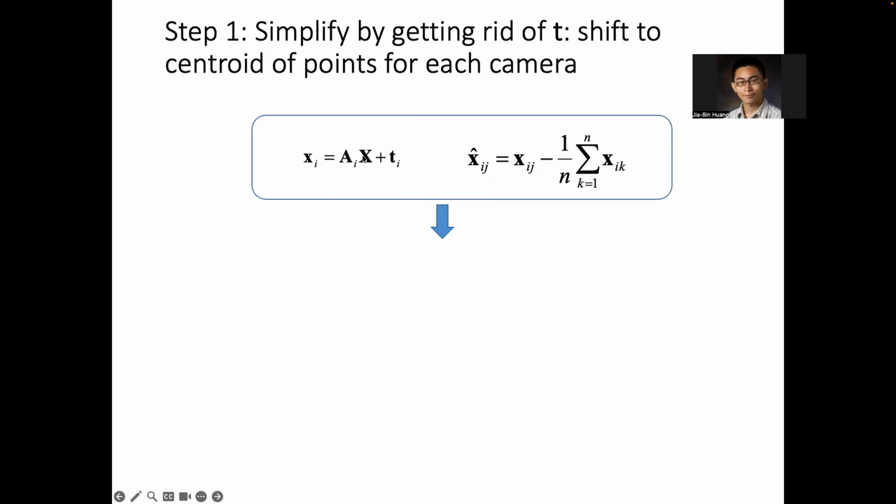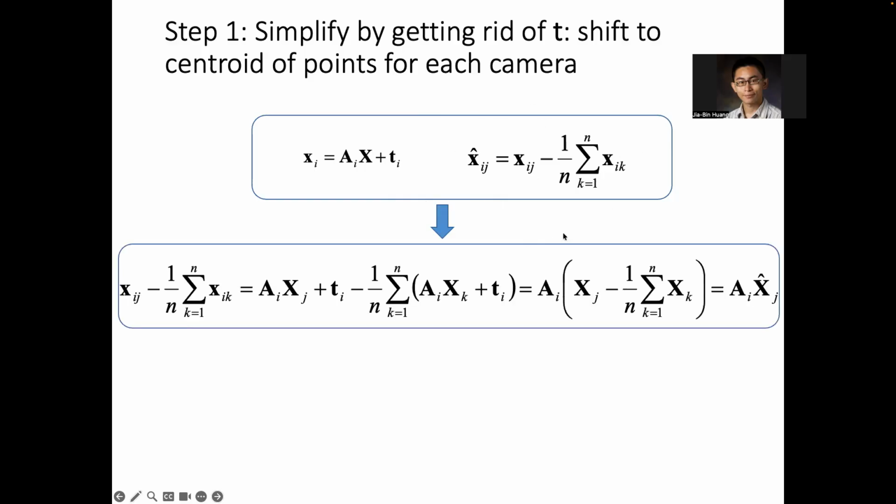You can actually compute this. If you just plug this xi into these things, you'll find that the translation will disappear. Okay, so this is just a simplifying step.